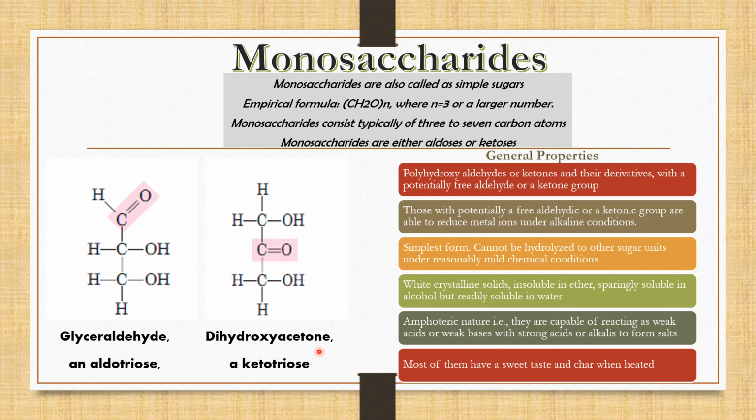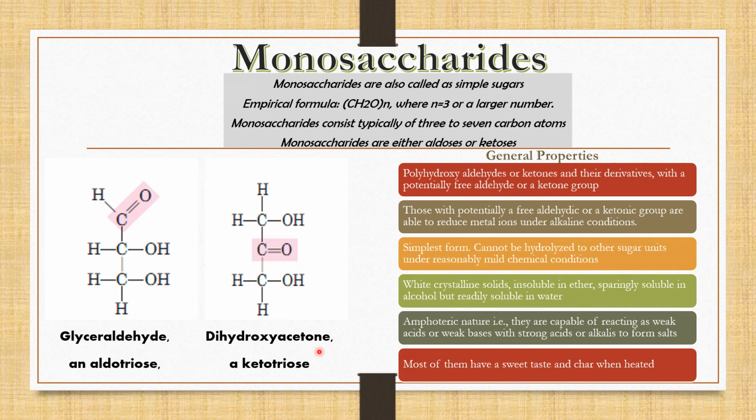Some of the general properties of monosaccharides are that, one, monosaccharides are polyhydroxyaldehydes or ketones, and their derivatives, and they can have a potentially free aldehyde or ketone group.